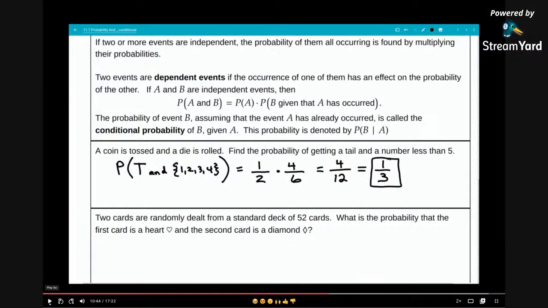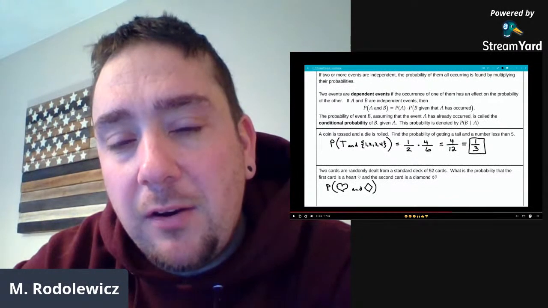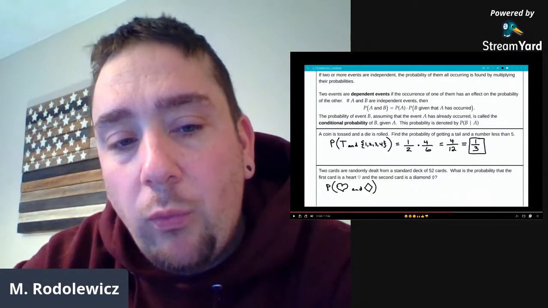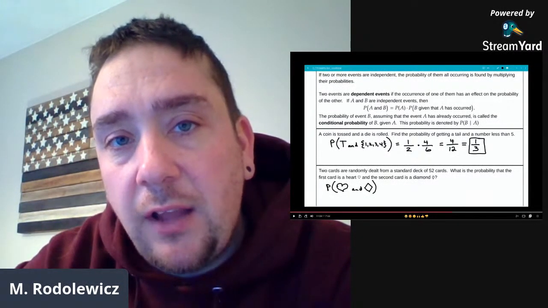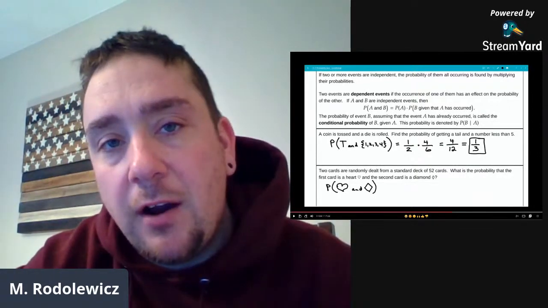Two cards are randomly dealt from a standard 52 card deck. What is the probability that the first is a heart and the second is a diamond? Cute little picture there. We're dealing with a dependent event. How come? Well, we're going to select a card and then a second card.